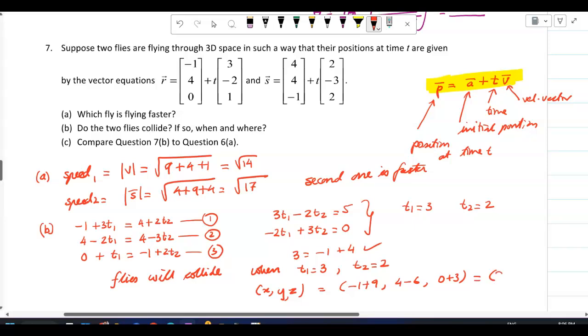So that's 8 minus 2, 3. See, either you put this in the first one or you put it in the second one, you'll get the same answer, because that's a common point basically. That's why they collide. Understood. Compare question 7b and 6a. Same thing. Unless they wanted it not to collide. I don't know whether we made any mistake or not.